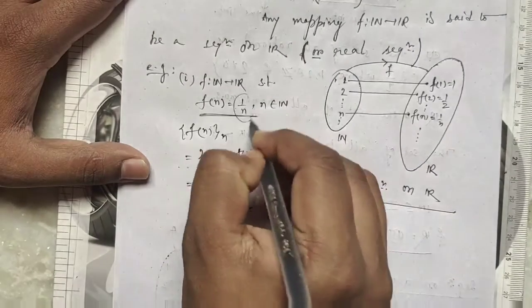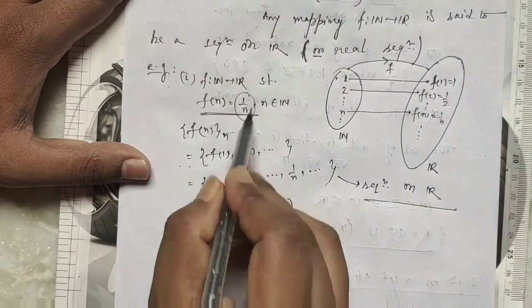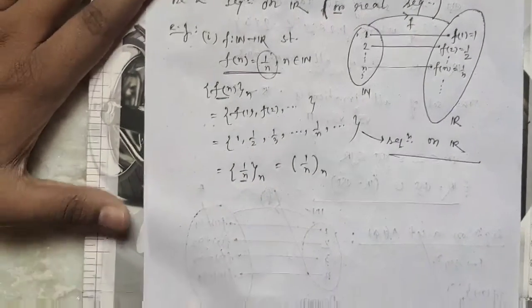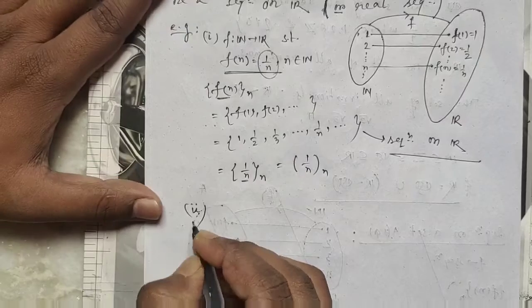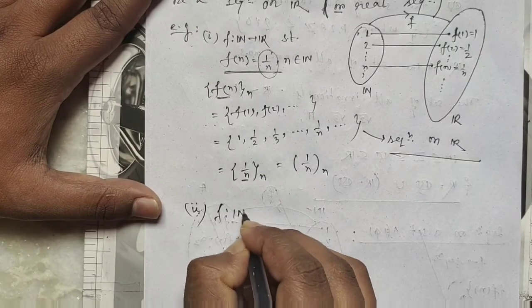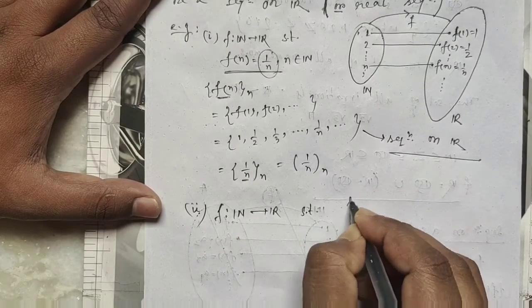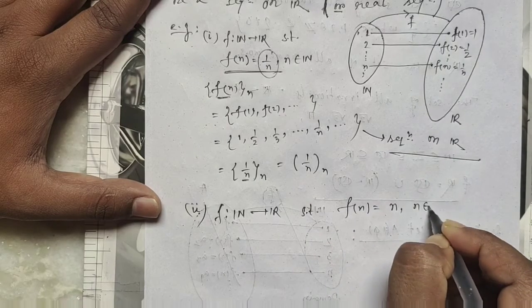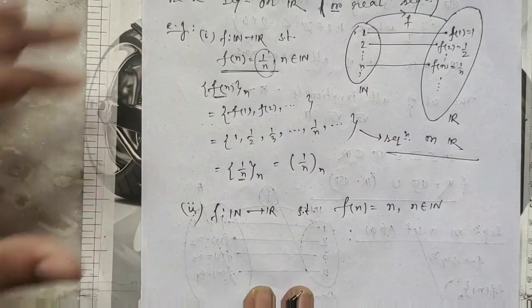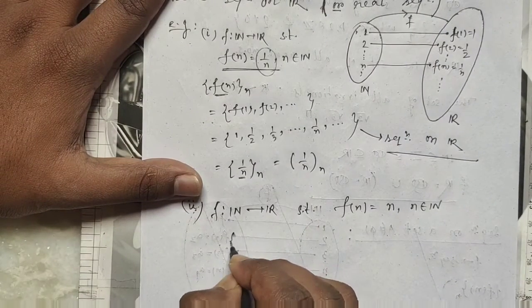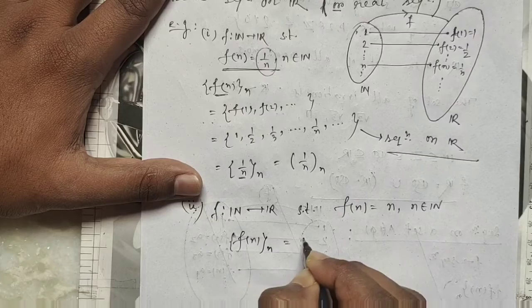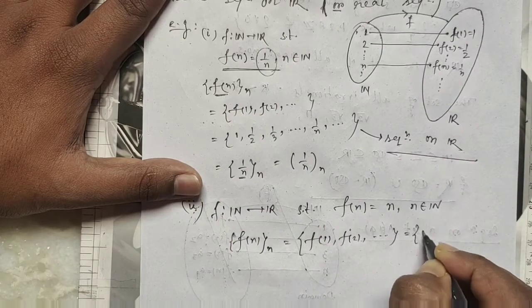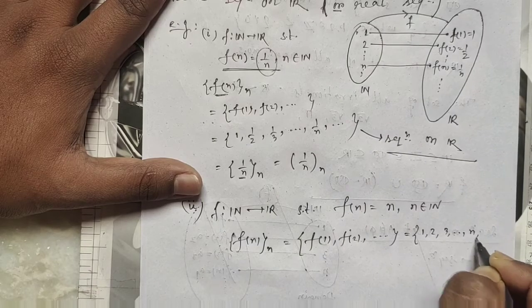That is, f n equals 1 by n, so we replace f n by 1 by n. This is the sequence. Similarly, f from N to R such that f of n equals n, n in natural numbers, is also a sequence, such that f of 1, f of 2, and so on, so this is 1, 2, 3, n.